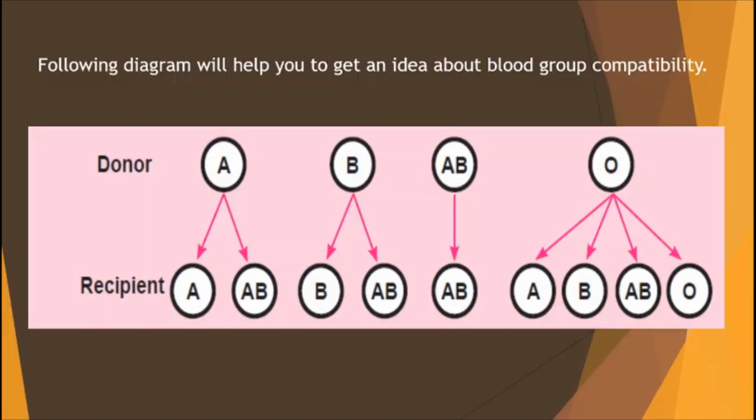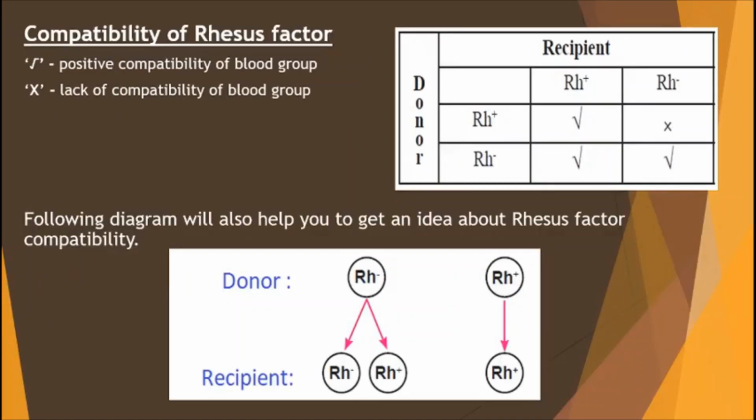Compatibility of Rhesus factor. Here also we have to check the compatibility of Rhesus. You can see that in the given table. An Rh positive donor can donate only to another Rh positive one, but an Rh negative recipient cannot take blood from an Rh positive donor.